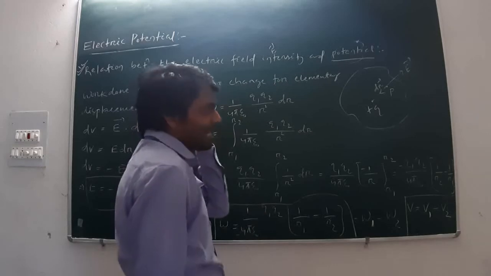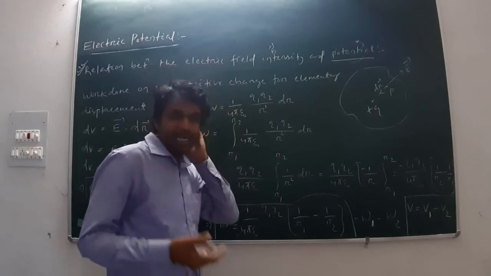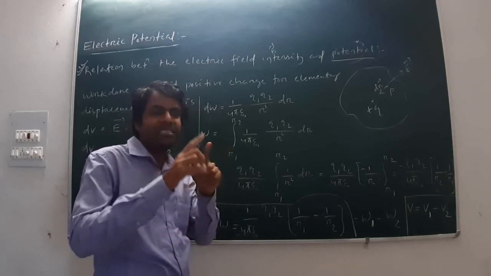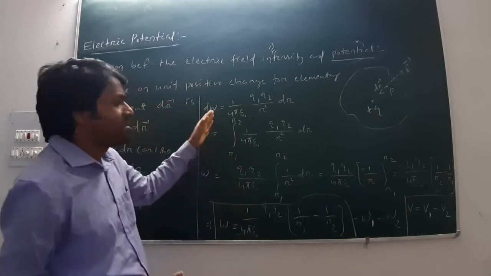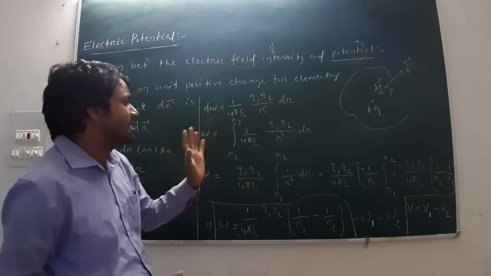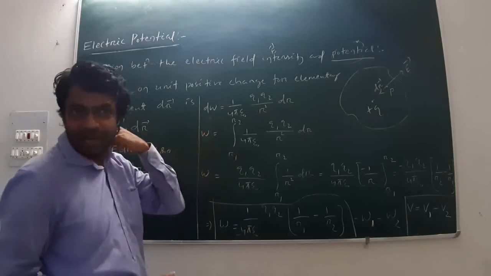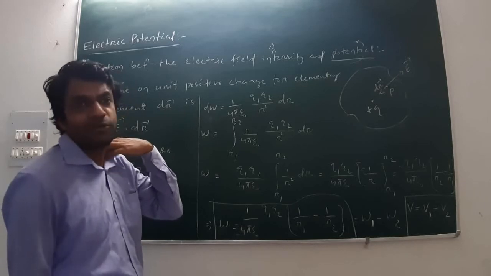Then I have to calculate the total work done when a point charge is moved from a certain point to another point. Let a point charge be moved from a certain point whose position vector is r1 to another, r2. Initial point is r1, final is r2.